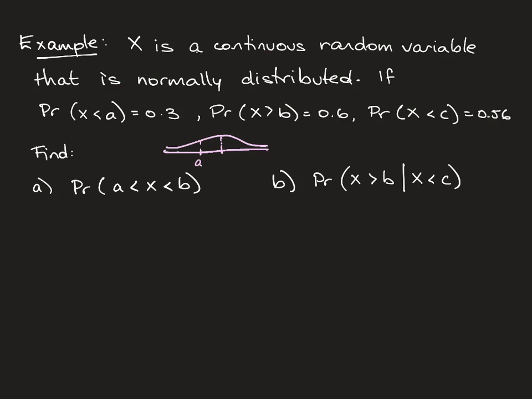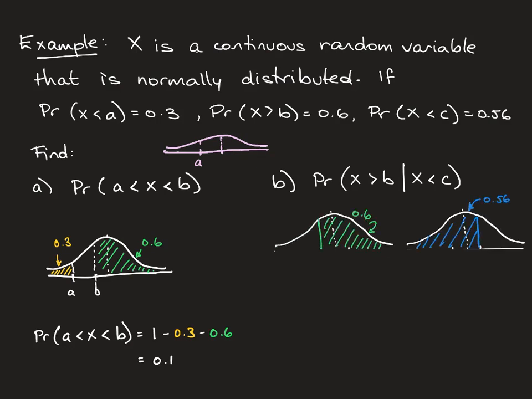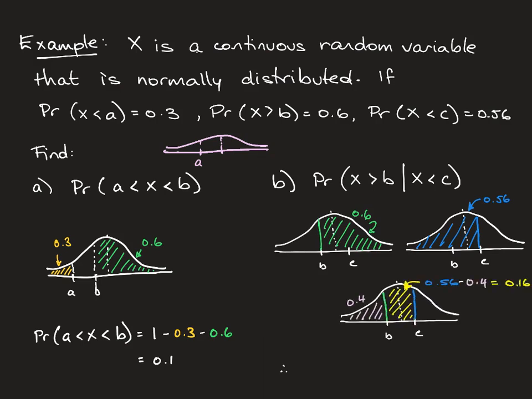Okay, let's have a look at how you went. This is the first one. And for the second one, you actually need to work out, so there's A and B, the probability that X is in between A and B. And we know that above B is 0.6, so below B is 0.4.